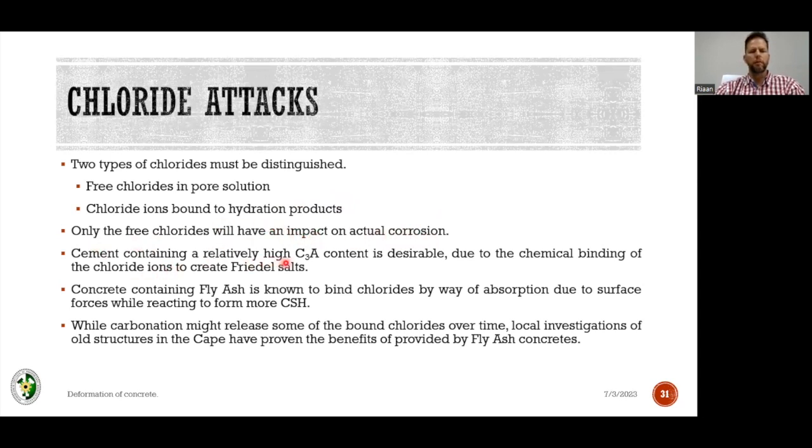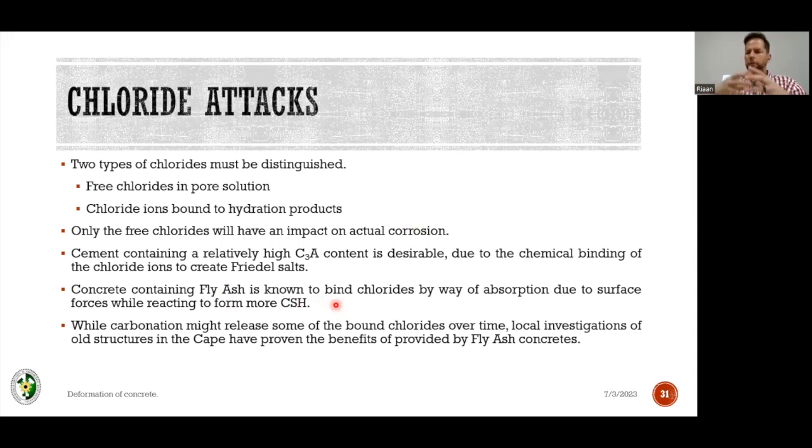Cement containing a relatively high C3A content is desirable due to the chemical binding of the chloride ions to create Friedel salts. Concrete containing fly ash is known to bind chlorides by way of absorption due to surface forces while reacting to form more CSH.